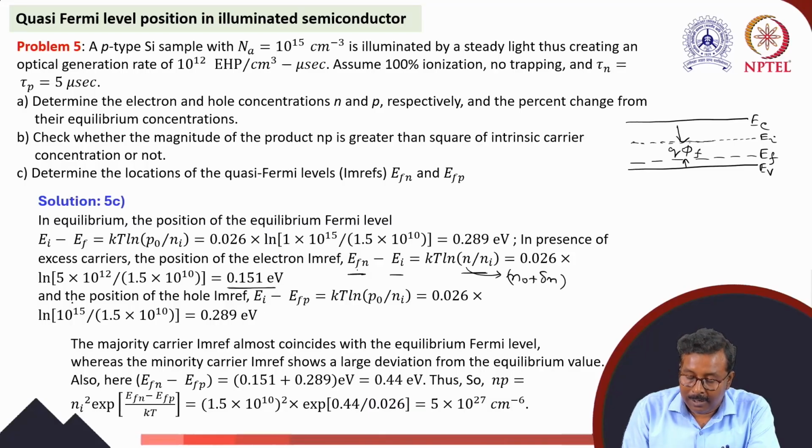And the other formula, that is EI minus EFP, the quasi-Fermi level for hole, that is kT ln(P0/Ni).